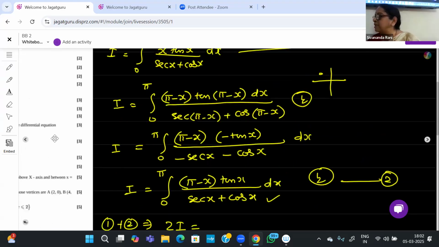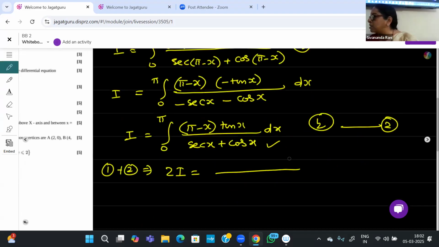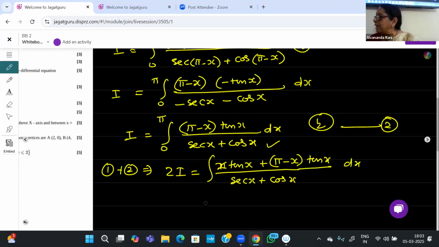In 1 and 2, secant x plus cos x is the common LCM. And in the numerator, I have x tan x in equation 1 and pi minus x tan x in equation 2. They get added. X tan x gets cancelled, so pi comes out. Tan x by secant x plus cos x.